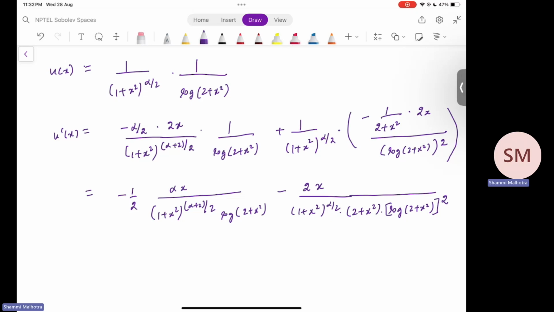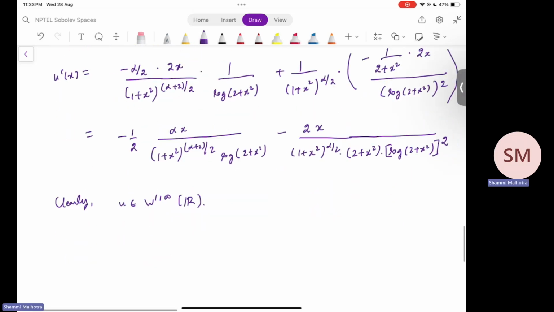So alpha by 2 is giving something more than 1. So this whole thing actually is bounded. So actually this is proving that u is in W^{1,infinity}(R). So this is very trivial to check because of the powers involved.